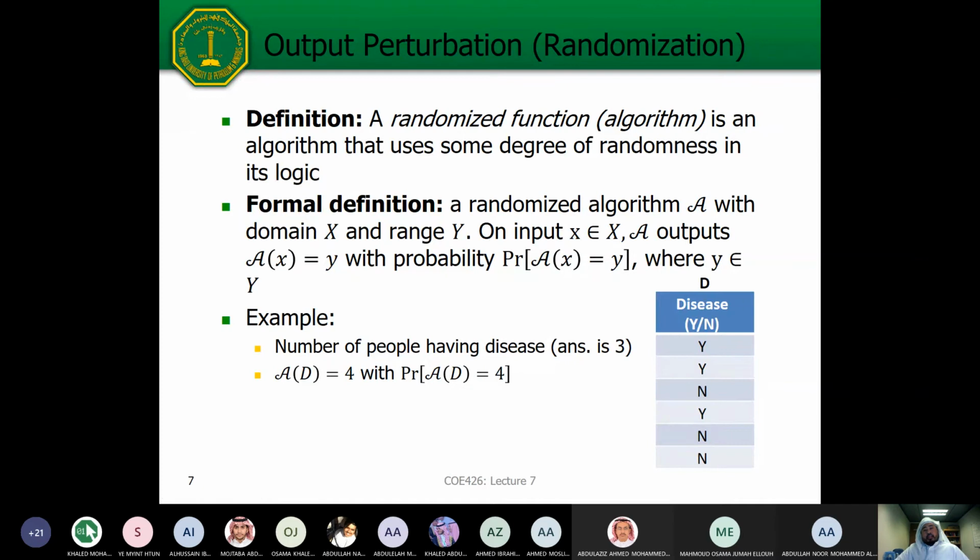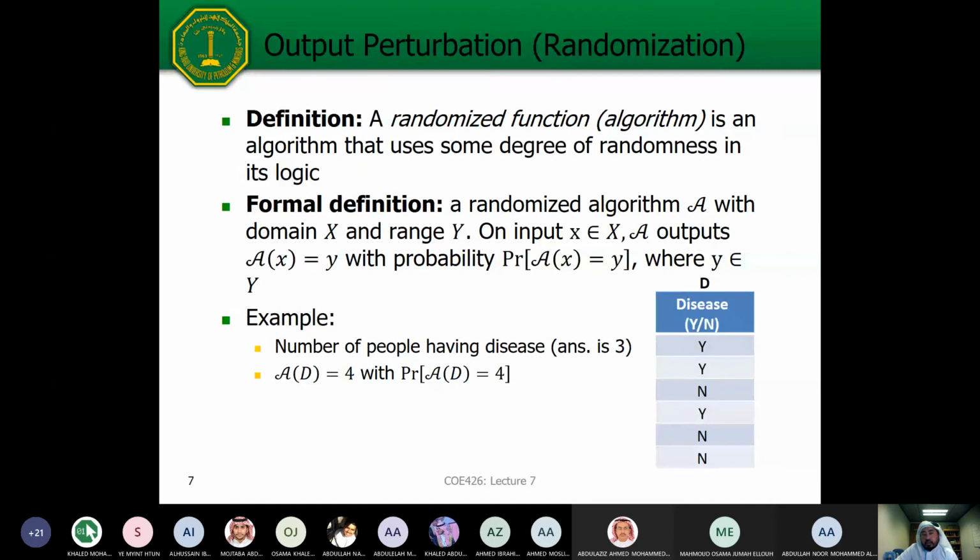Is that clear? So think about it as a random variable. This is the probability of that randomized algorithm A producing 4 people as having the disease.